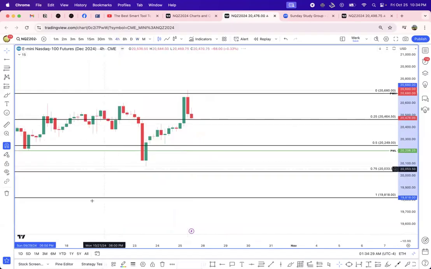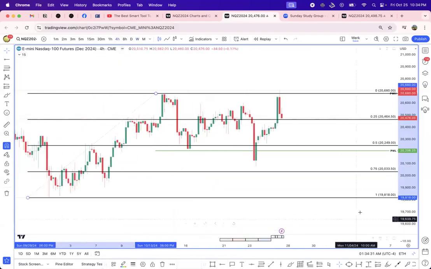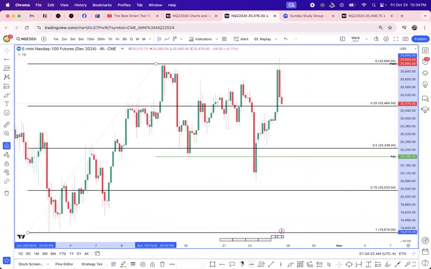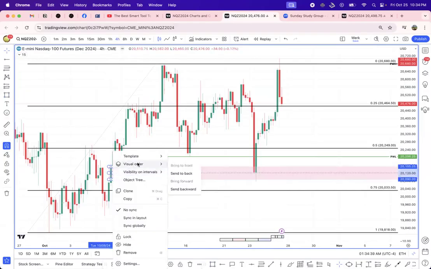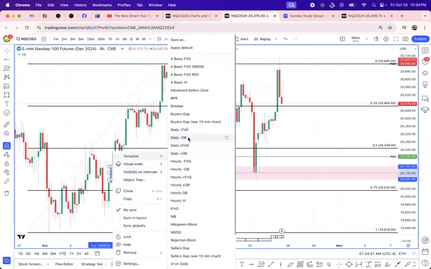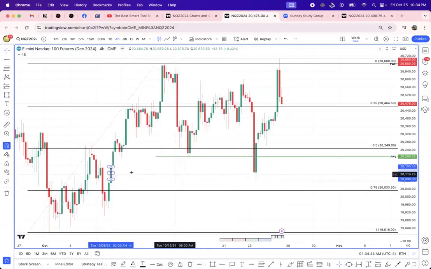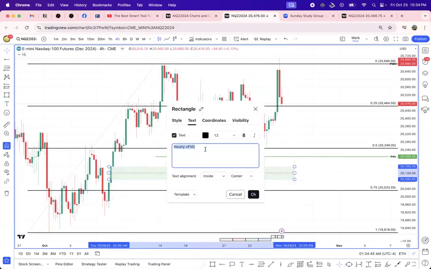So when I was looking at price coming down this week, I was looking forward to it coming to a 4-hour fair value gap, and this is where it came to. And then it went up and took out the previous one.